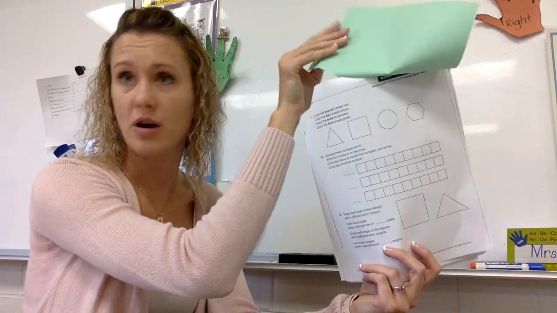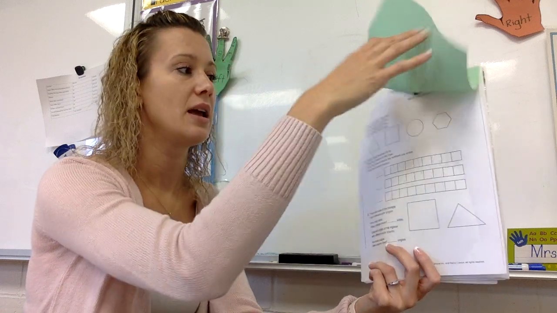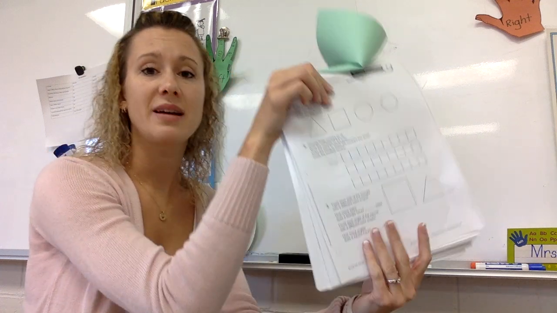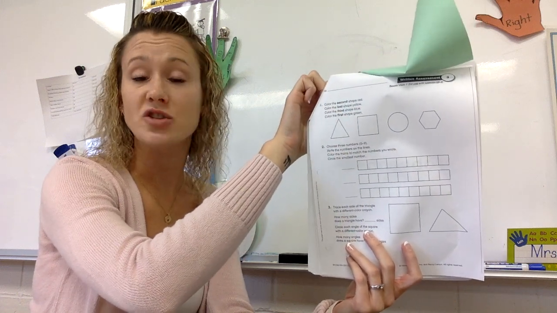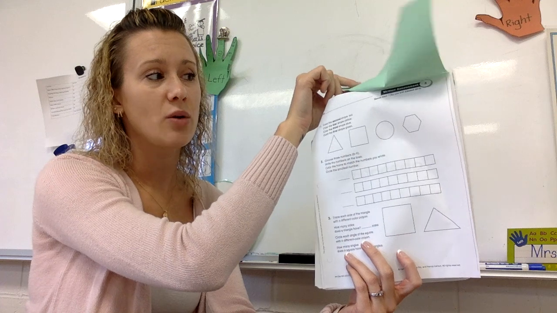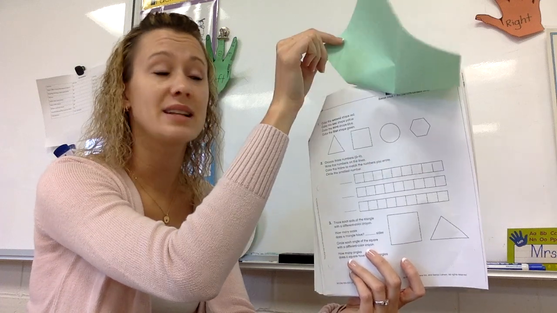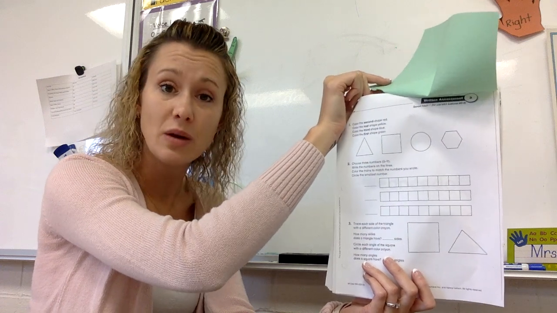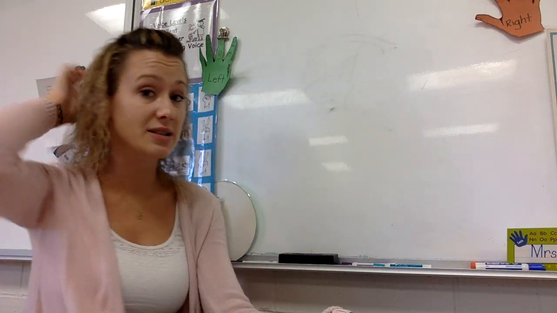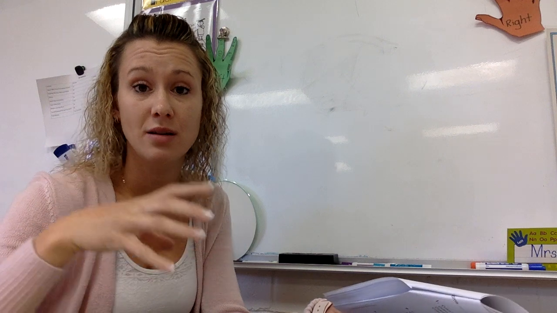So if they get something wrong, I walk around, because I walk around as I'm giving the test. If they don't know which one is first and they colored this one first, I don't say anything. Because if I correct them, then you and I would never know what they actually know and what they don't know. So it's okay for them to get stuff wrong, because that shows you and me what your child needs more practice with and what I need to keep focusing my teaching on.